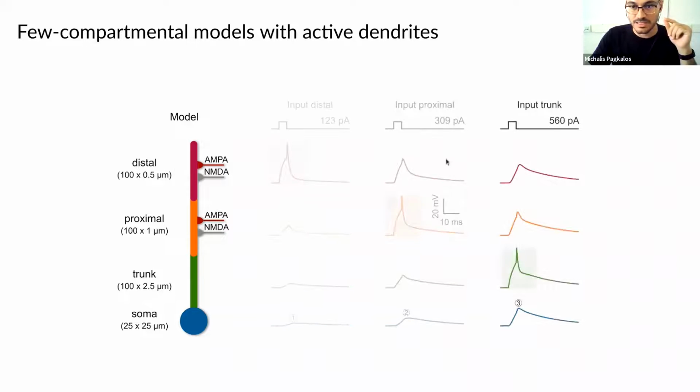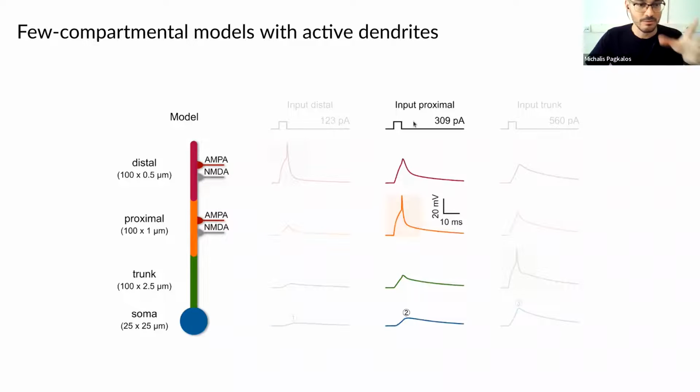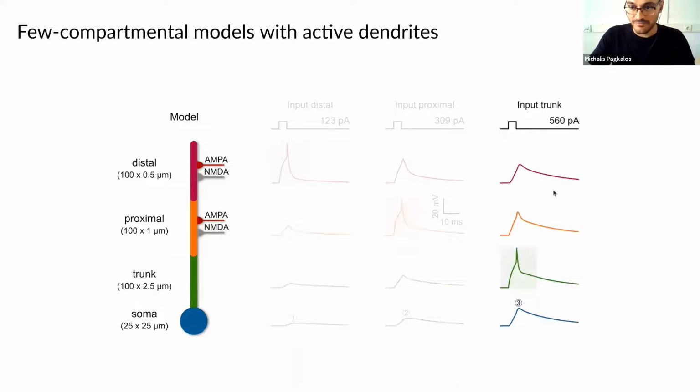You can see something similar happening when the input is provided to the proximal part. One notable thing here, as I mentioned also earlier, is that the dendritic properties change a lot the input-output function of the neuron. So here you can see that I can trigger the dendritic spike with much more current than I had to work with in the distal part. And the same for the trunk compartment.